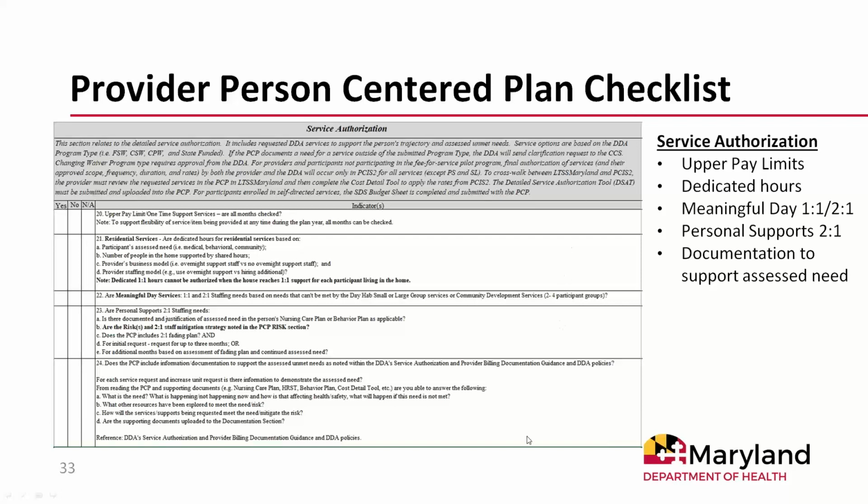And so for those individuals who may need one-to-one or two-to-one supports, there's some questions related to that. In addition, we offered some questions on the checklist for personal supports related to two-to-one staffing needs, and also noted to make sure that you're considering any additional documentation that can help support that assessed need so that we can efficiently review and authorize those services. Next slide, please.